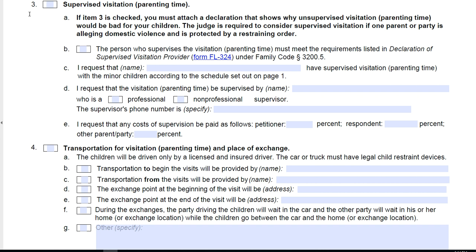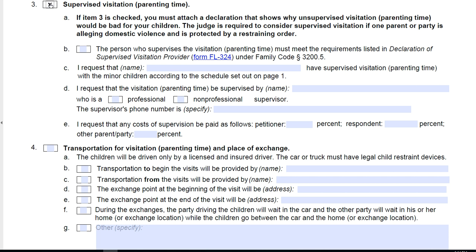Okay, on to the second page, supervised visitation. So supervised visitation basically means that the party who does not have custody, who is going to have some sort of planned time with the child, has to be supervised by somebody else so that that parent is not left alone with the children.